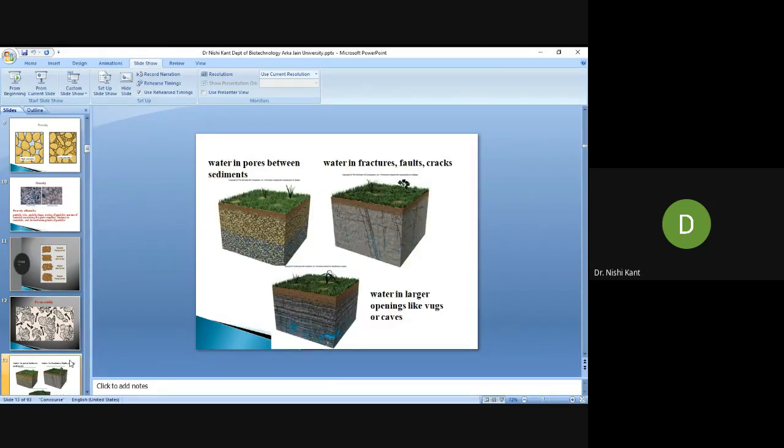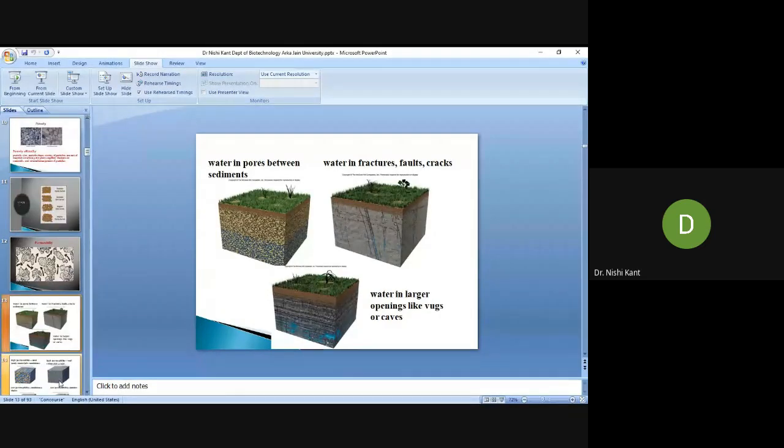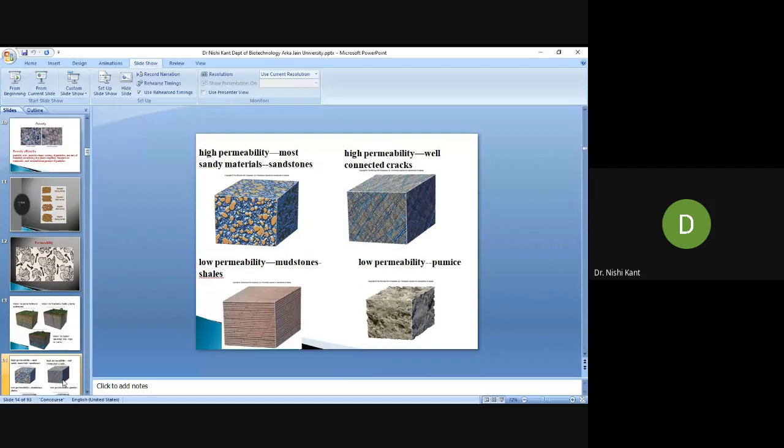This is the water in the pores of sediments, water in fractures, faults and cracks, and water in larger openings like voids or caves. Kinds of groundwater: we usually find connate water, which is entrapped brackish water; juvenile water originating directly from magma; and meteoric fresh circulating water, which is commonly referred to as groundwater.